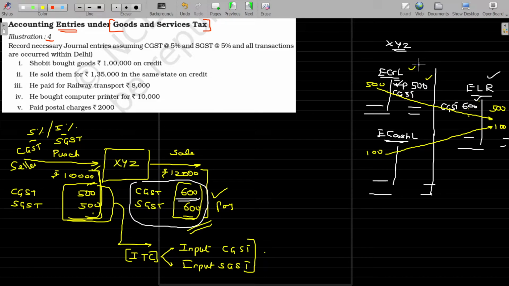Whenever there's a shortage, that shortage will be adjusted through the electronic cash ledger. How do I get the fund in the electronic cash ledger? It's manual. You have to do it through your bank account. You may maintain a bank account, right? In your bank account, there is a debit and credit side. This is the receipt side, this is the payment side. You make a payment of rupees 100. This 100 will be recorded in the electronic cash ledger.